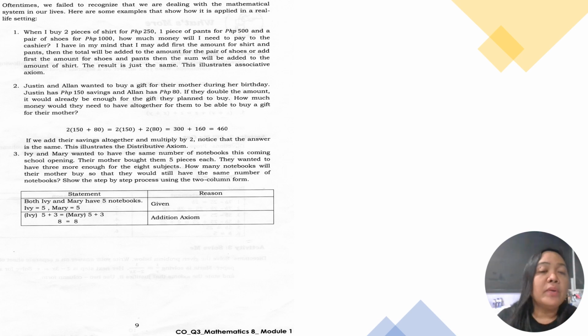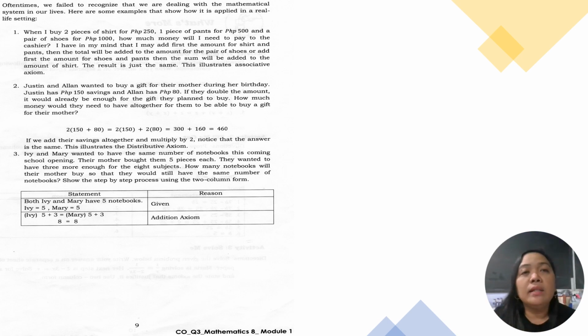And then for Mary, we also add 5 plus 3. What axiom did we apply for statement number 2? We applied the addition axiom. 5 plus 3, Ivy got 8 notebooks, while Mary also got 8 notebooks. So in this situation, for number 3, we applied the addition axiom.